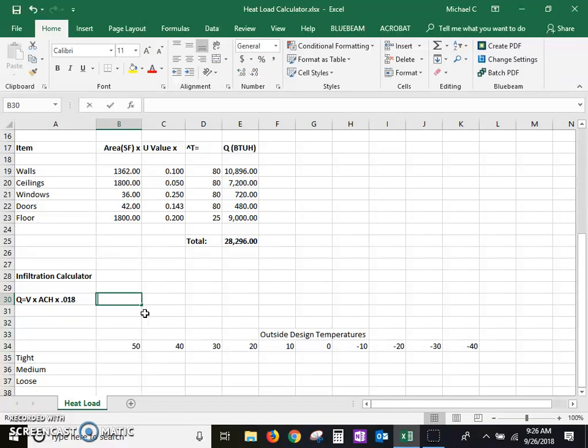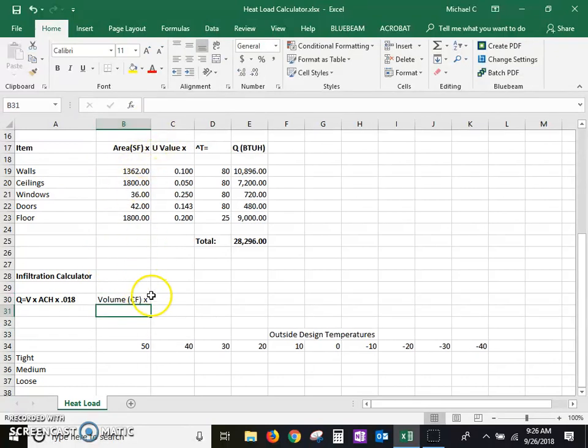So we're going to have our volume in cubic feet times, and I'm going to auto fit that so it actually fits, our air changes per hour, which is just a number, times .018, which is our constant, equals our BTUH.